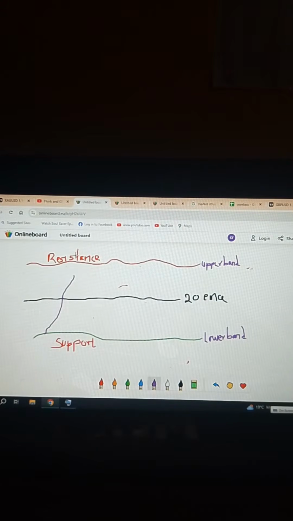If the candlestick goes up and touches the upper band like this, so let's say that's the upper band, the market has gone up and has touched the upper band. So what should you do, guys? Here you should be looking to sell.